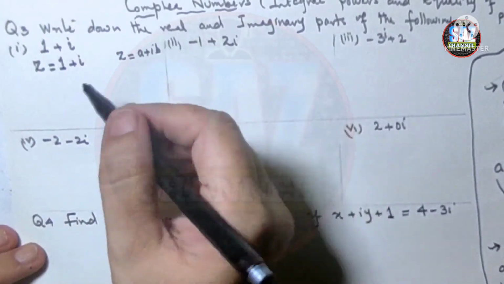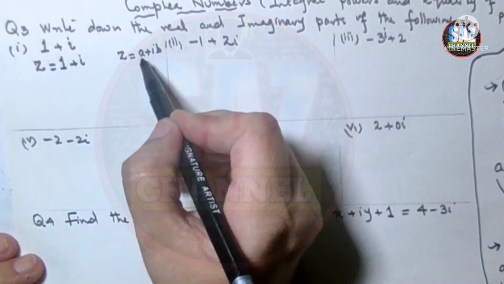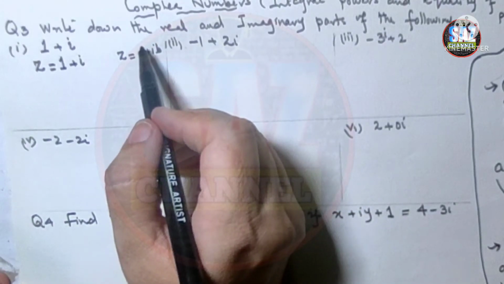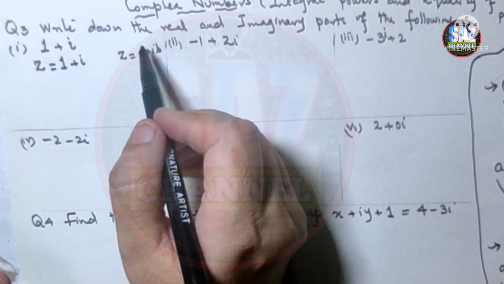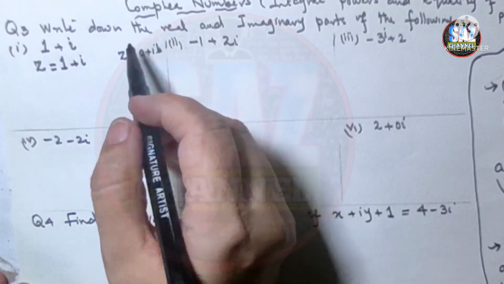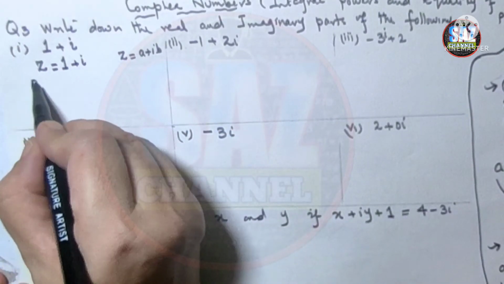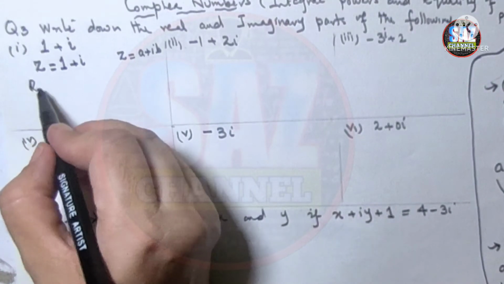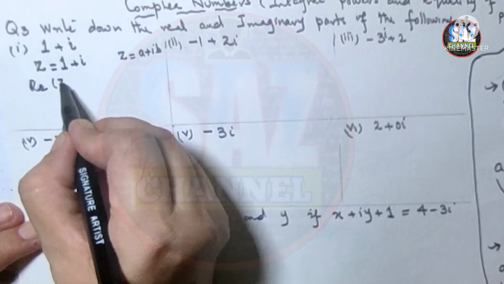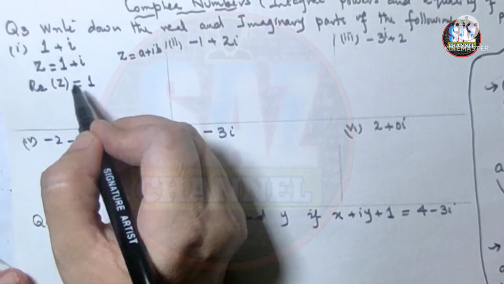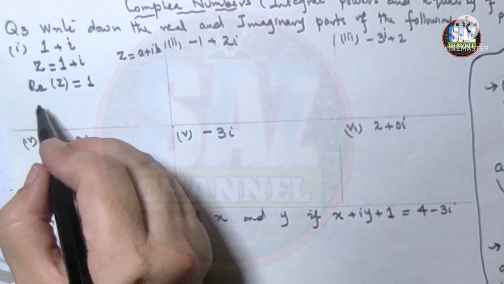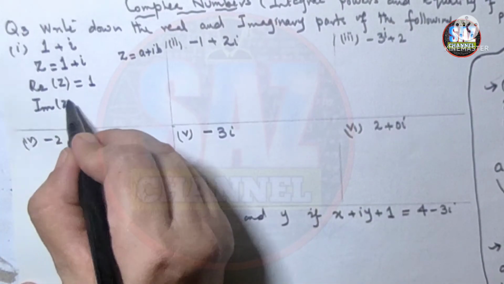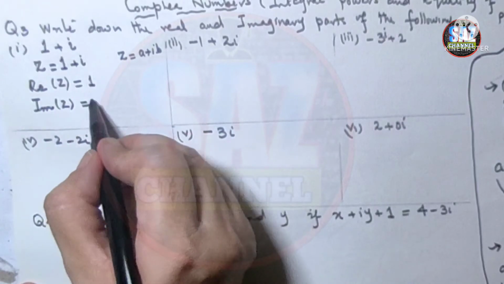Now we know that this is the real part, and the coefficient of iota is the imaginary part. So real part of z equals 1, and imaginary part of z equals again 1.